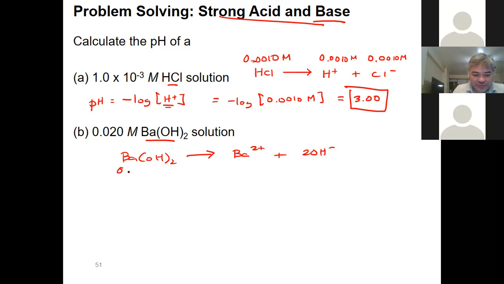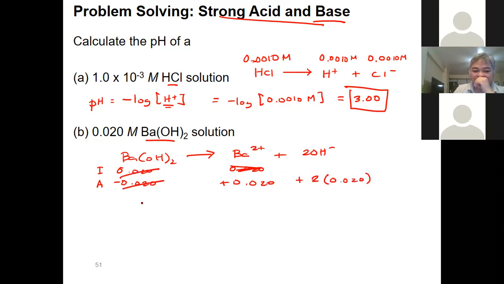So you have here 0.020, or we could just say initial, and then after nawala yung 0.020, nag-form ng 0.020 at nag-form ng 2 times 0.020. So in the end, wala to. So you form here 0.020 and you have here 0.040.